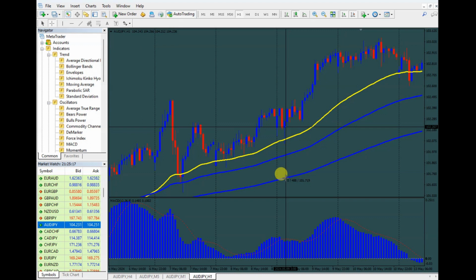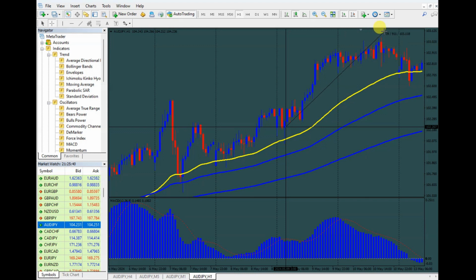You can see the stop loss here is 48 pips, so our take profit is 48 pips times 2.